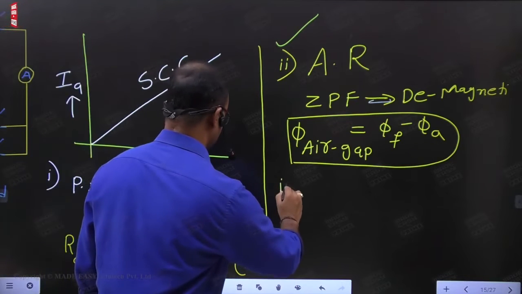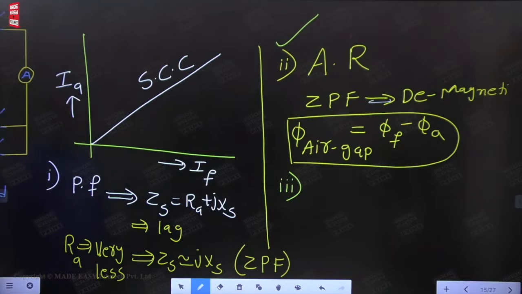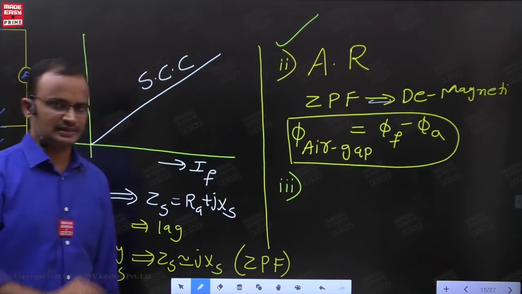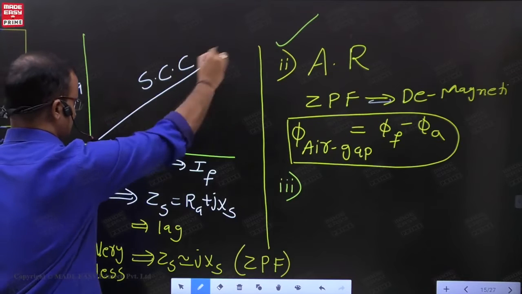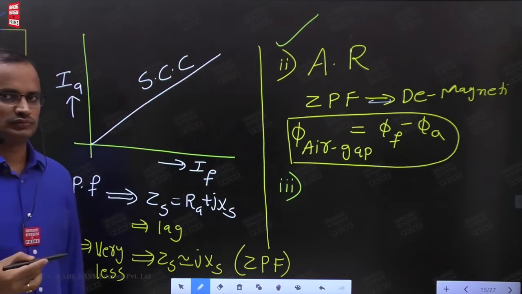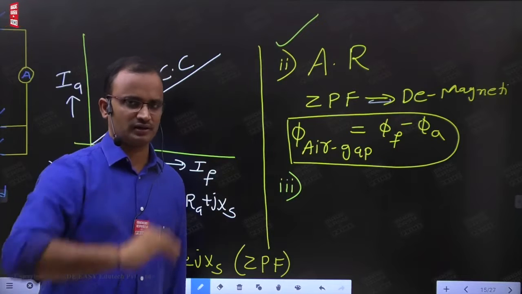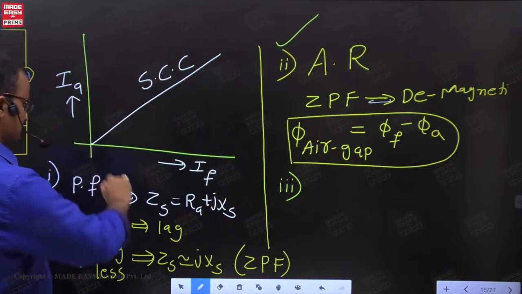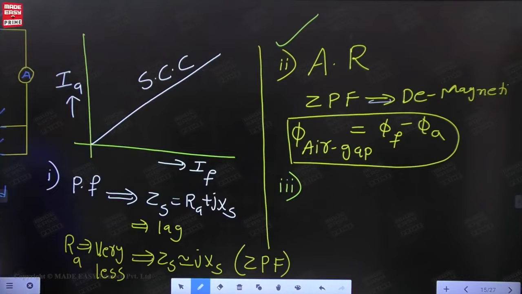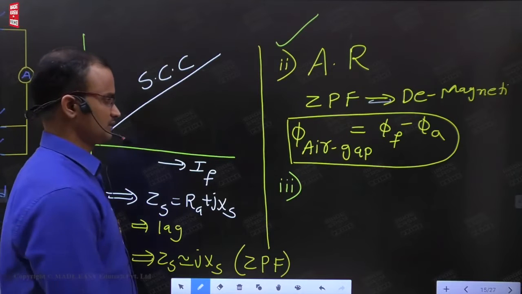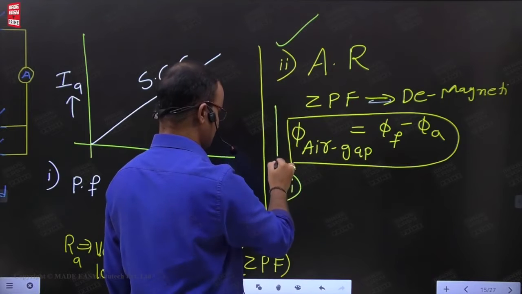Come to the third point. In reason-assertion questions, they give the statement asking why SCC is linear. In the OCC we got linear up to a certain portion, later non-linear. But in the SCC we continuously got linear characteristics, only linear. Why is it linear? The reason is that due to armature reaction the resultant flux goes on decreasing every time.